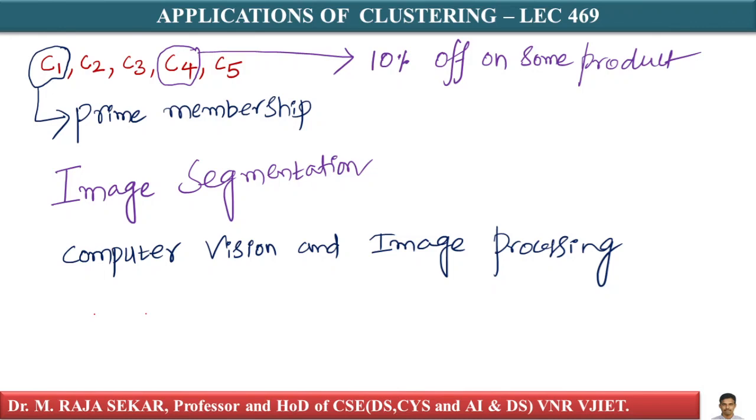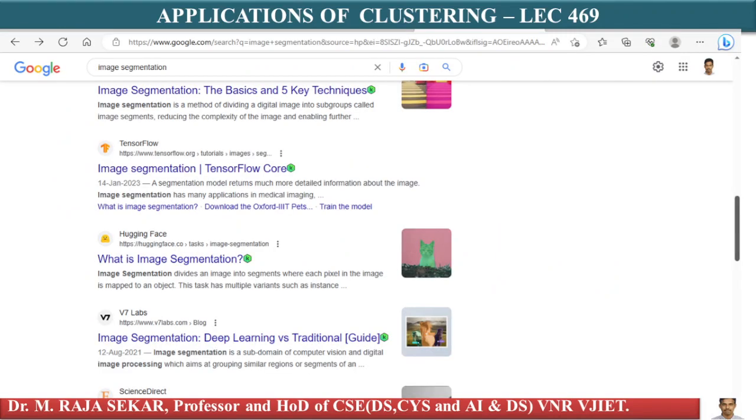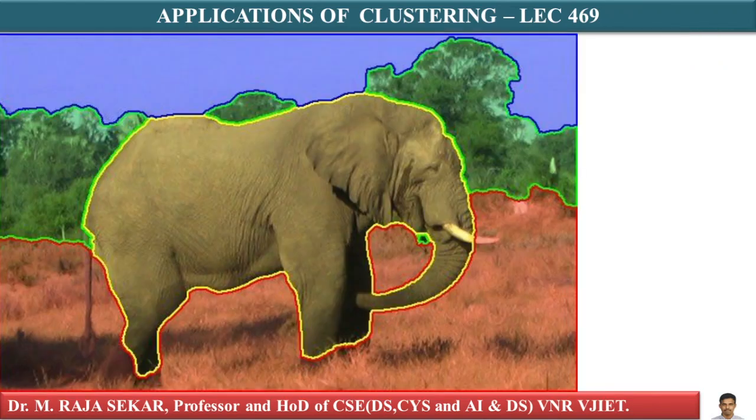If I just Google image search for image segmentation, I get this bunch of links. Let's understand what image segmentation is. Let's take this image. Given this image, I have segmented the image into parts.